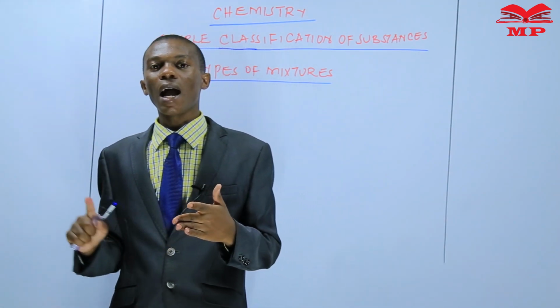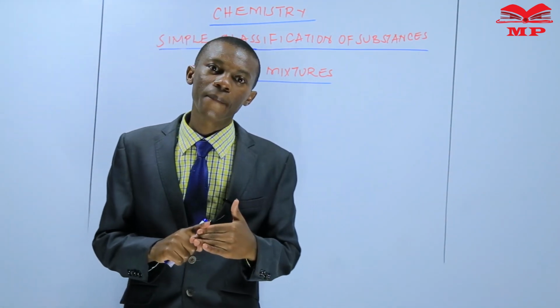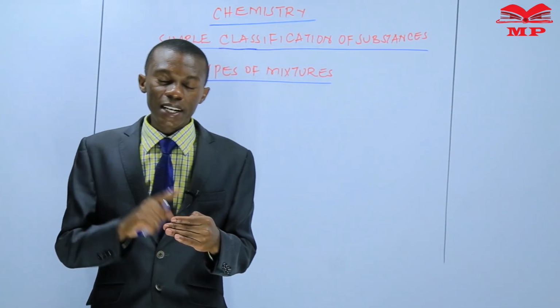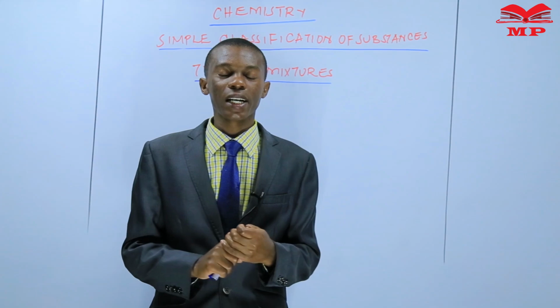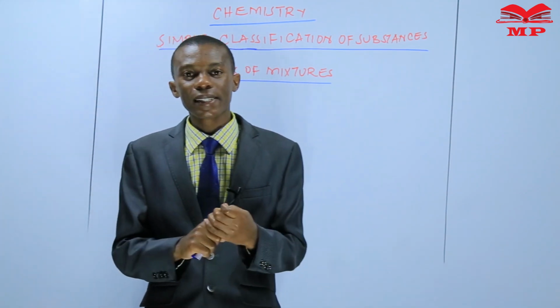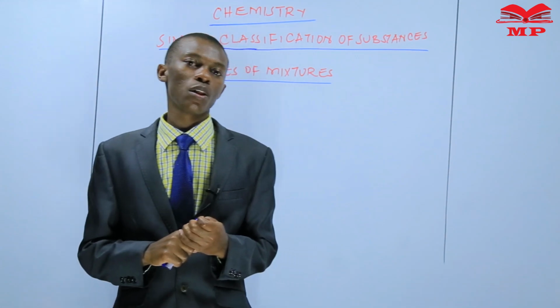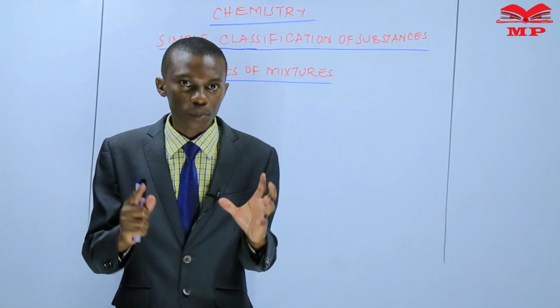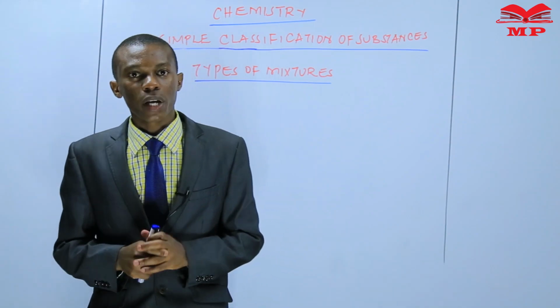We have a liquid-liquid mixture. We have a liquid-gas mixture. And we have a mixture of a gas and another gas. Those are the 6 types of mixtures which we have.